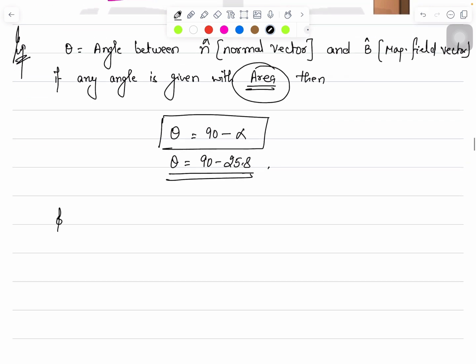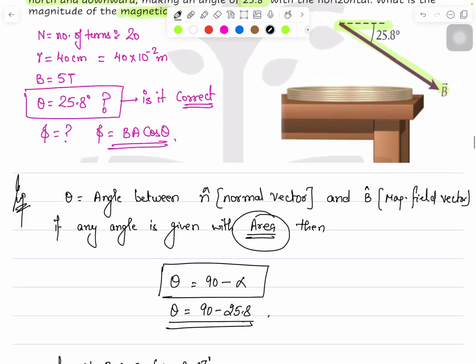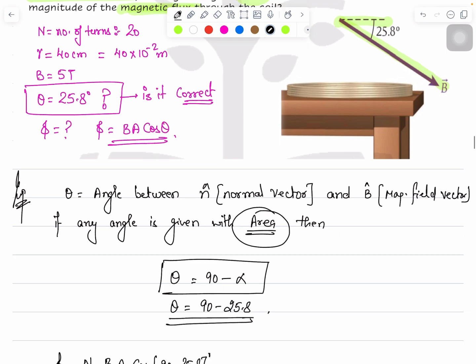Flux is equal to, okay, there is a number of turns also. So we have B A cos of (90 minus 25.8) degree and the number of turns. Now solve it. Number of turns is 20.